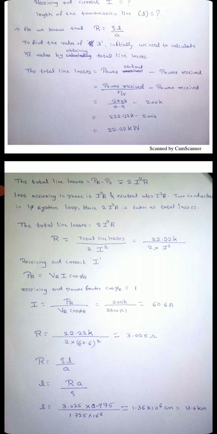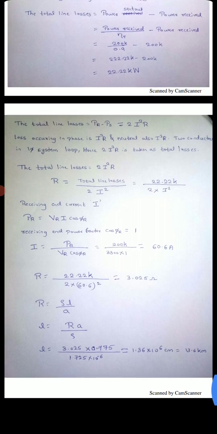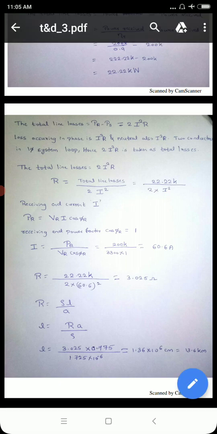Once we have R, we need to calculate L using the equation R is equal to rho L by A, so L is equal to RA by rho. We get 1.36 into 10 raised to 6 centimeters, which is nothing but 13.6 kilometers as the answer.